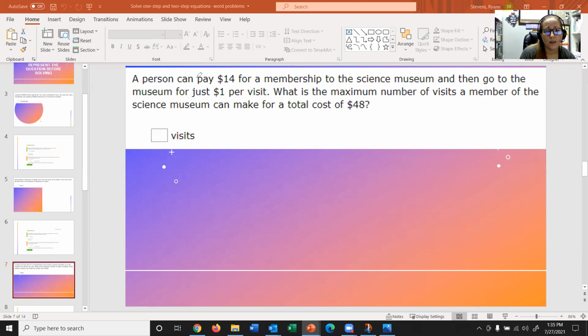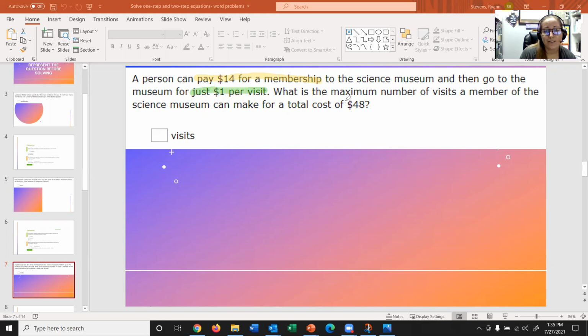So we know that the person can pay $14 for a membership, okay? And then we know that the person can go to the museum for just $1 per visit after they buy that membership.